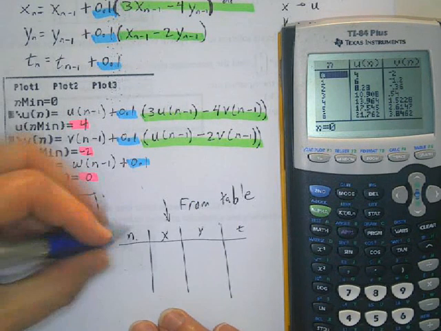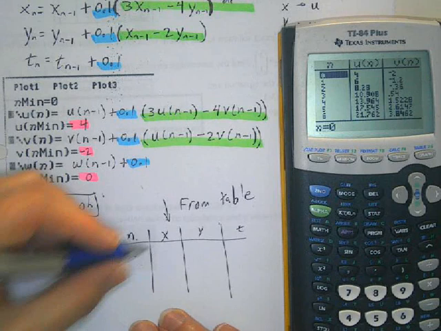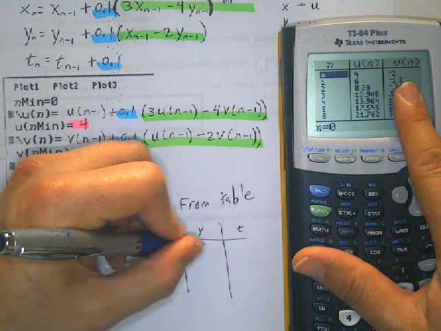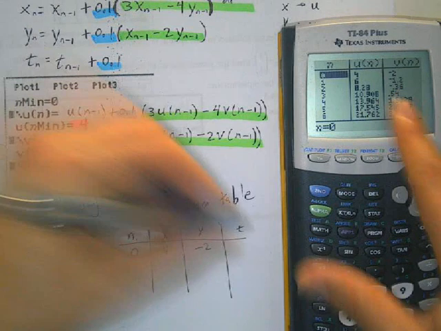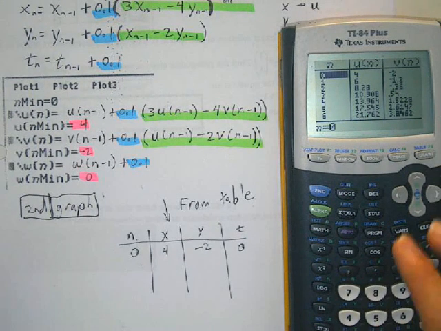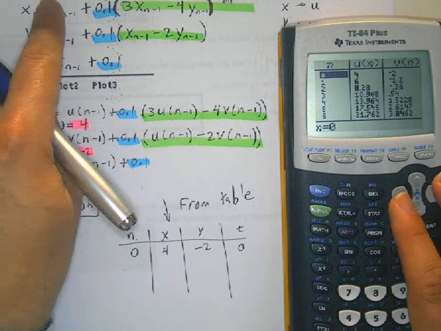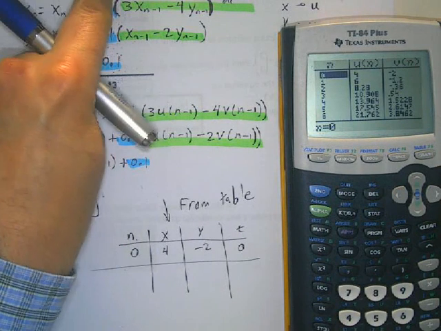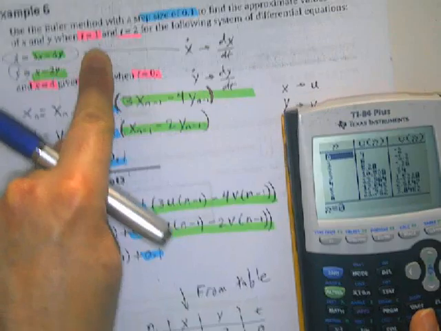So when we're at 0, our x value is 4, our y value is negative 2, and our t value is 0. Okay, and now we're wanting to go when our t value is 1.